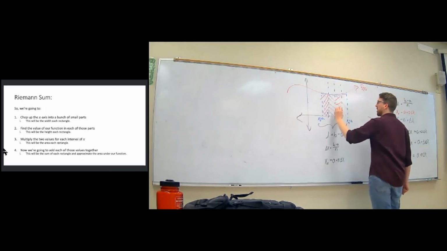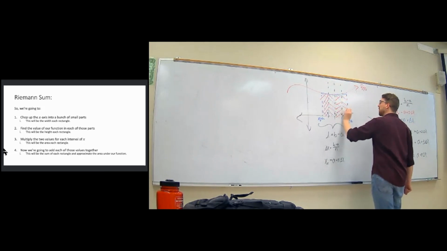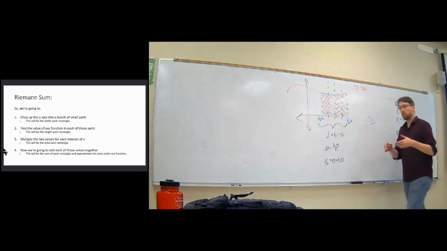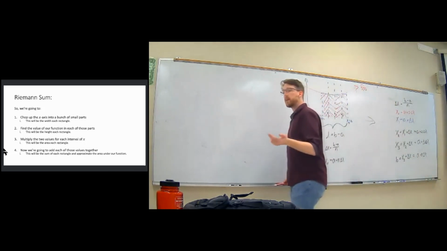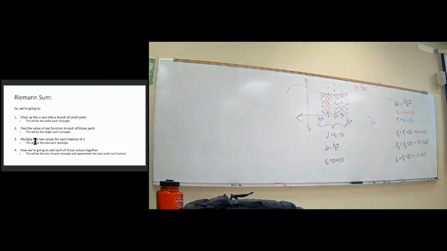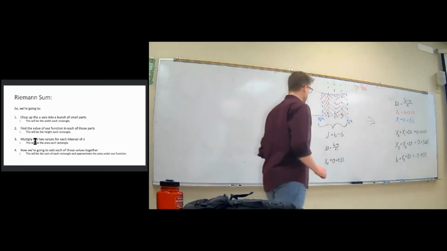We're just going to underestimate a little bit. But if we wanted to make our approximation better, we could choose to use smaller rectangles, right? Then the underestimation would be a little bit closer. It would be less than it is currently. But before we get there, we're going to find the area of each of these rectangles.